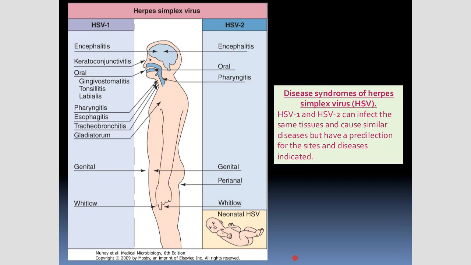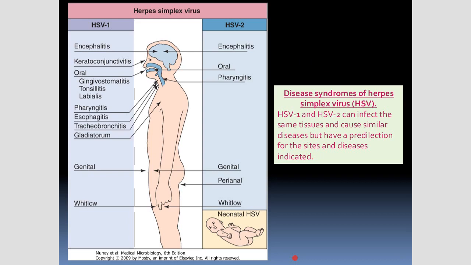Another chart from another book that pretty much will give you the same kind of impact, but in a slightly different context. You can see from here, the rule is HSV-1 and 2 can infect the same tissue and cause similar diseases, but some have a predilection for the site and disease indicated.